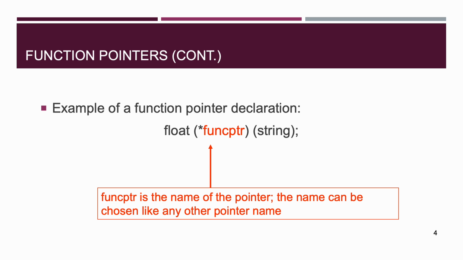So without these parentheses, the compiler would interpret function pointer differently, leading to errors in your code. The correct syntax makes it clear that function pointer is specifically a pointer to a function that takes a string parameter and returns a float.